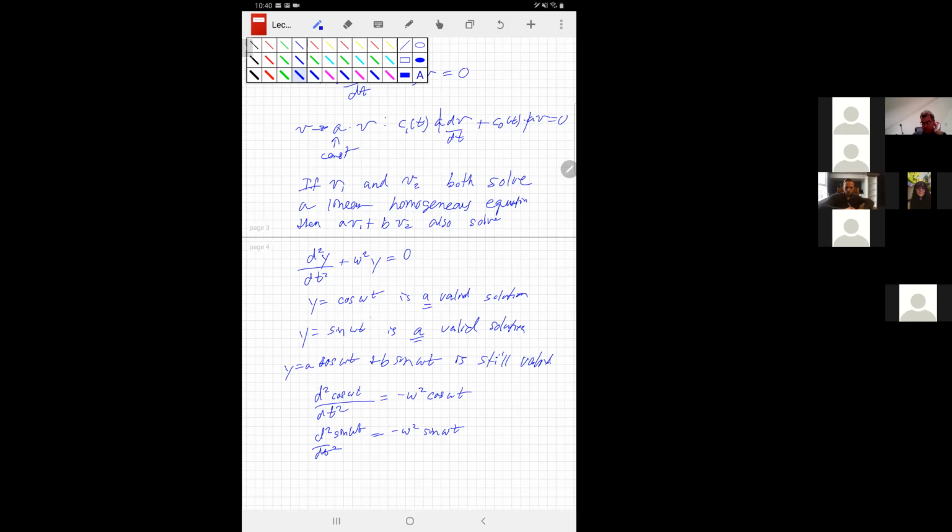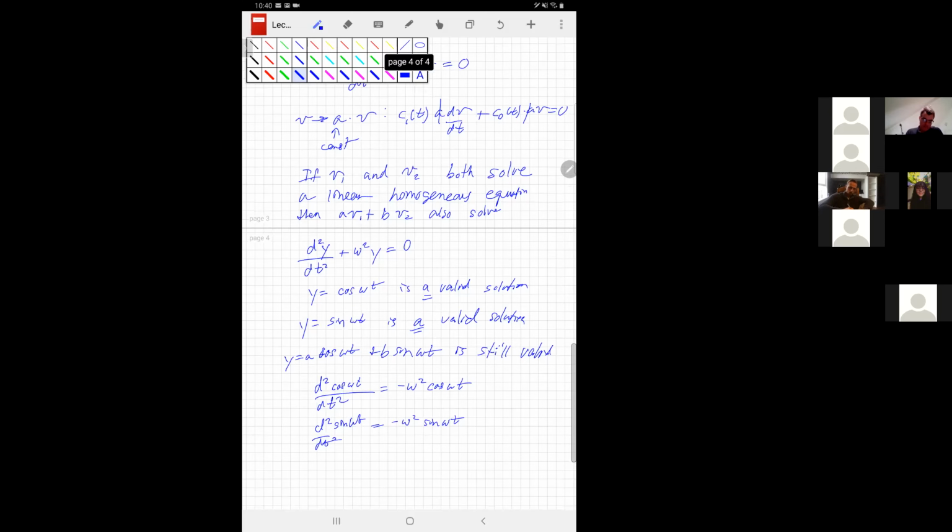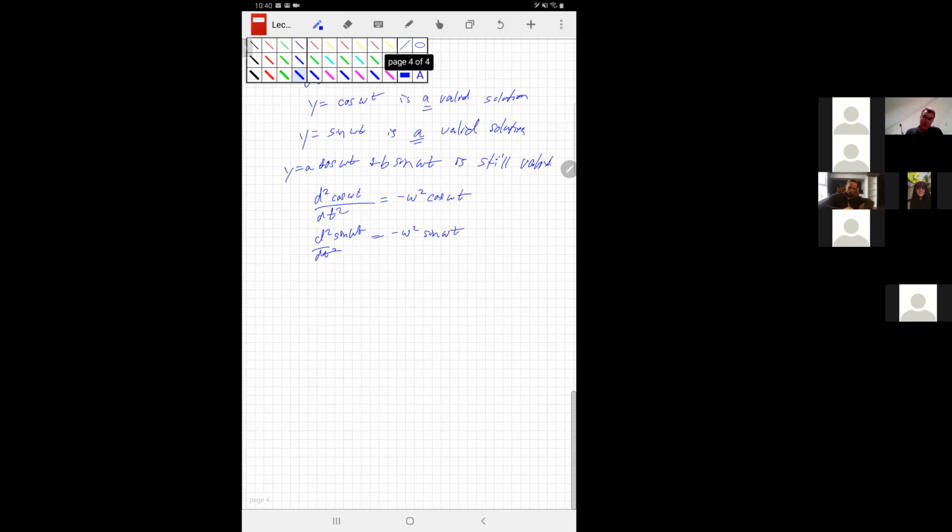So both of these are solutions to this equation, and it's a linear equation with right-hand side 0. So adding two more of them gives me another valid solution. Any questions so far?